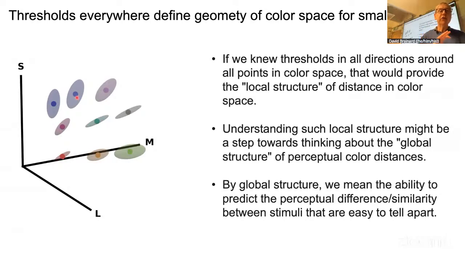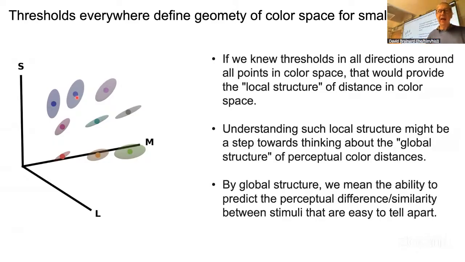Now, if we knew the thresholds in every direction around every point in color space, in cone space or some transformation of it, if we knew the thresholds and could read them out, that would really provide a complete characterization of this local geometric structure, the distance local to every point.